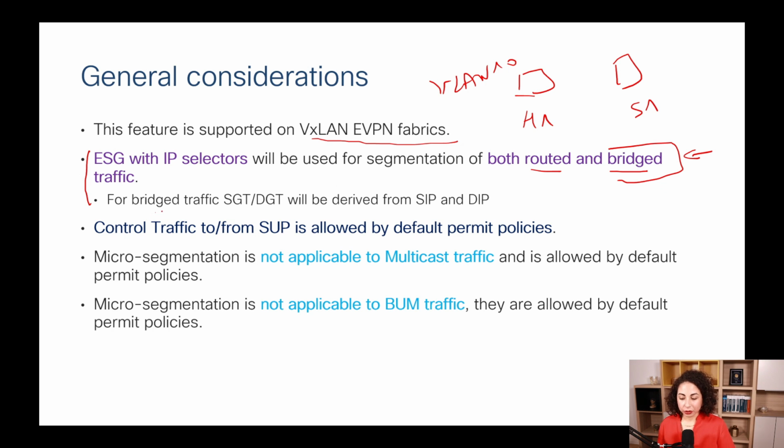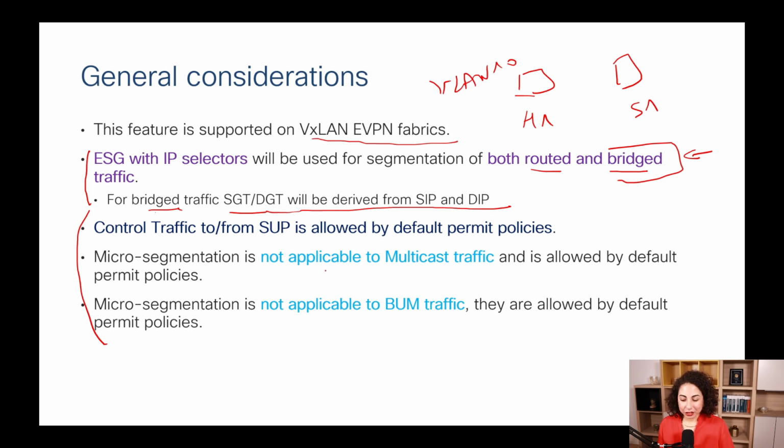So for both bridge traffic and routed traffic, the SGT and DGT will be derived from the source IP and the destination IP, not the MAC address. Then there are some generic things that are permitted by default, by implicit policies, without the need of defining them explicitly. The control traffic to and from the SVI is allowed by default, fortunately.